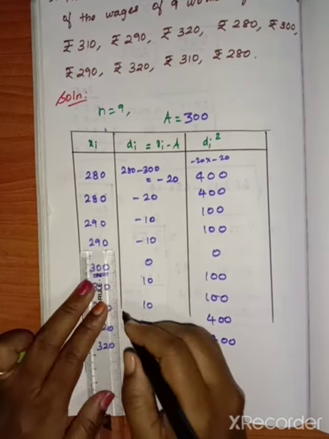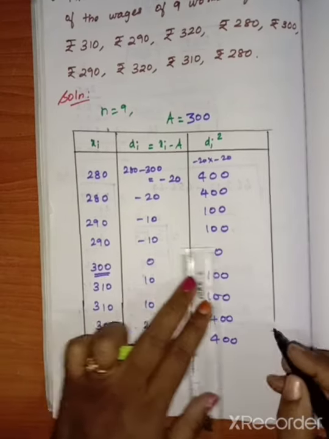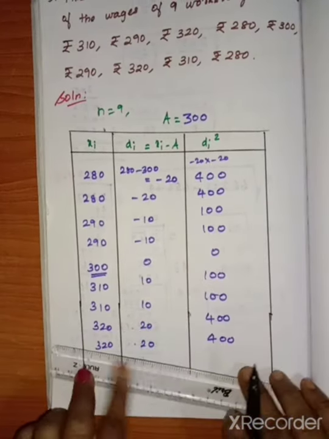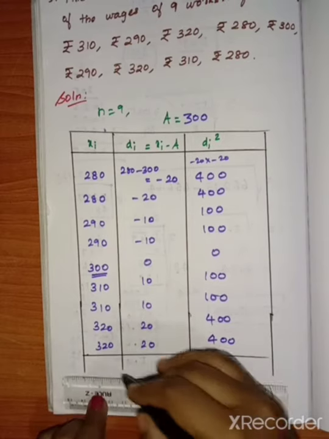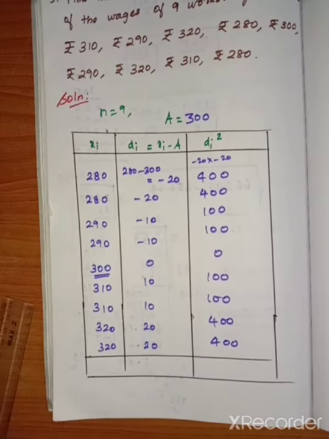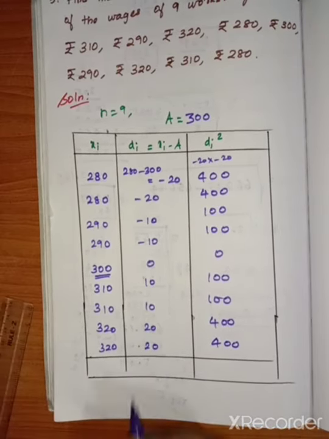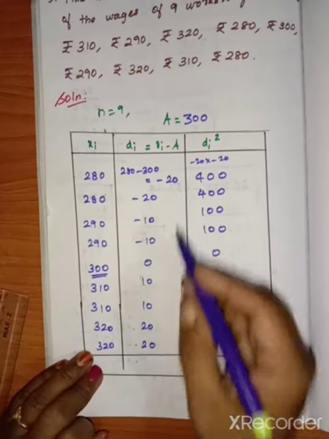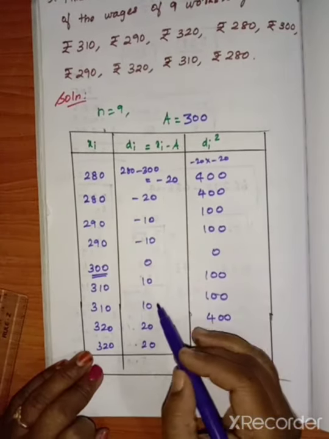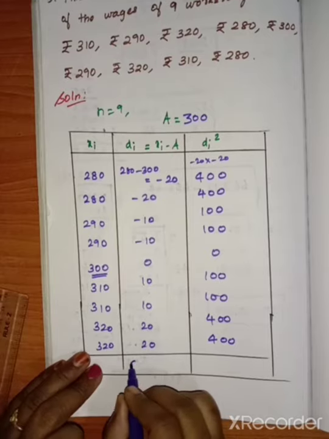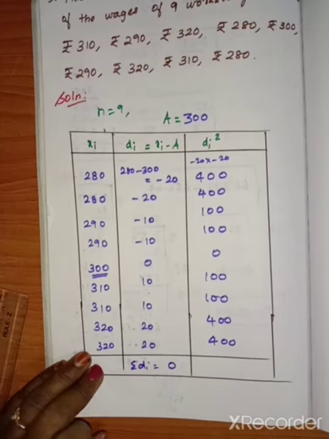Now we want to add, because we know the formula needs summation di and summation di squared. So we add here. Plus 20 and minus 20 cancel. Plus 20 minus 20, 10, 10. So here summation di equals 0 alone.